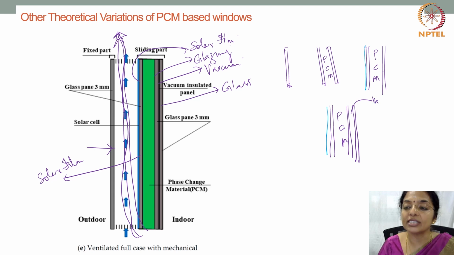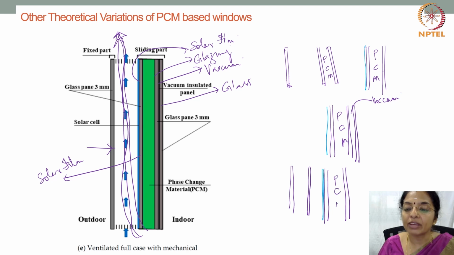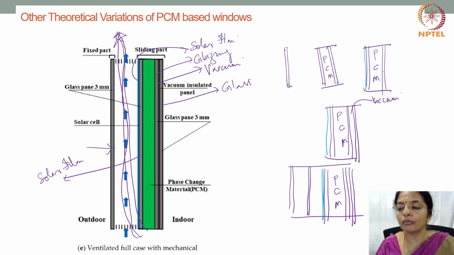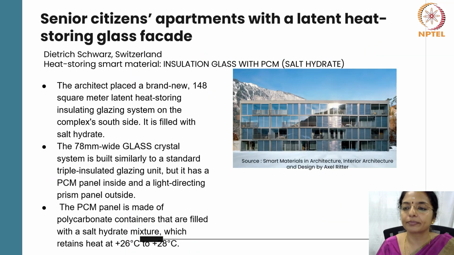So this is vacuum. Then you can also have a glass pane with an air gap, and then a solar film, then another glass pane, then a gap which will have PCM, phase change material, then vacuum, and then a glass. So how you want to design these sections is entirely up to you, based on the requirement of how much heat you want to hold back or how much heat you want to release.